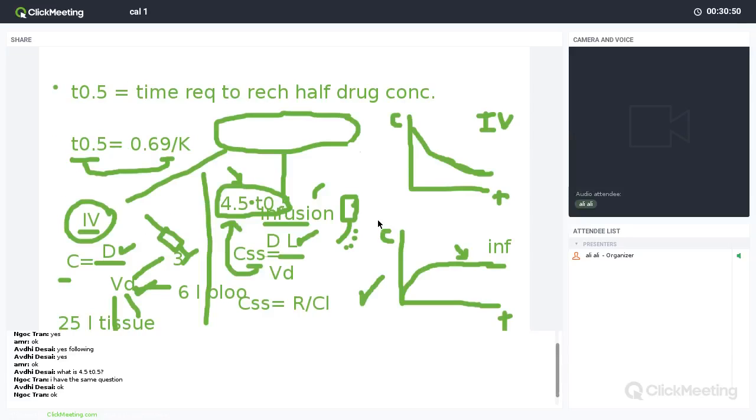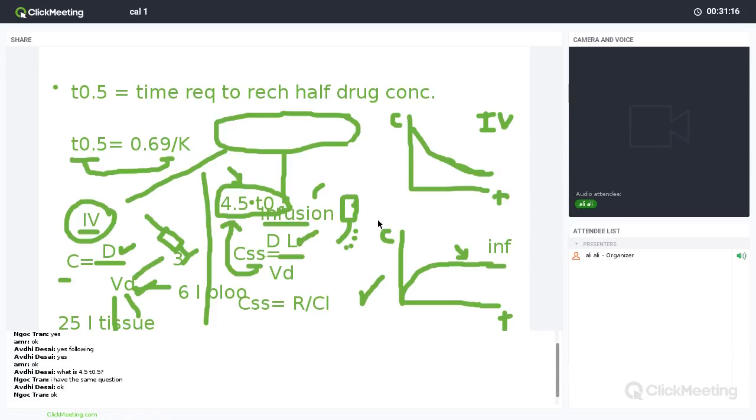Okay, so now we will go for the next part of this session, which is how to implement those laws in solving the questions. Okay, it will be very easy, very simple for you.